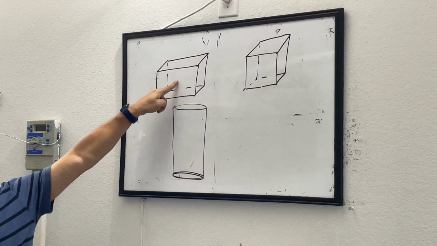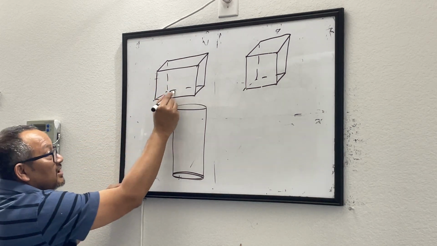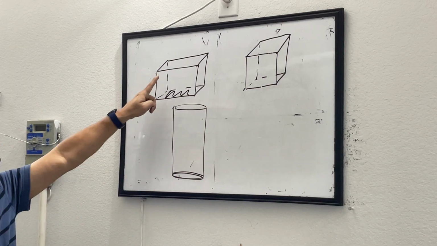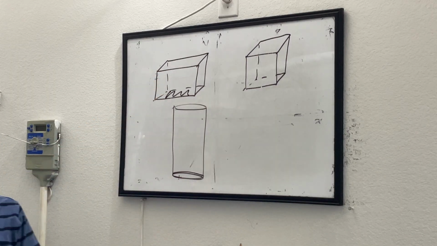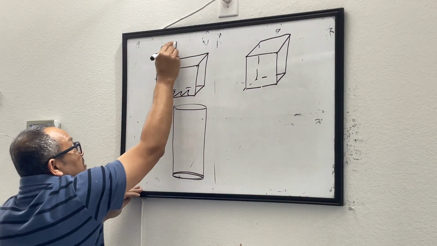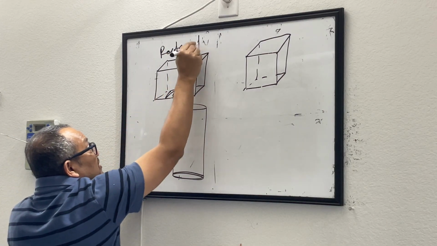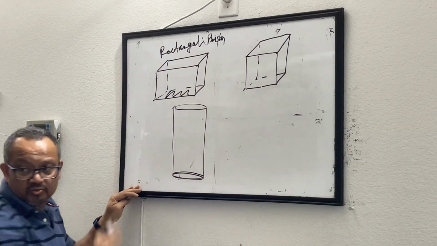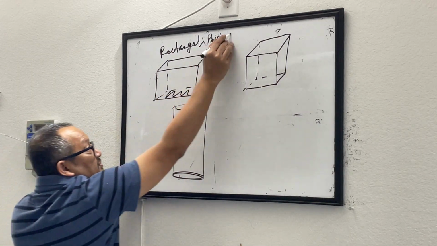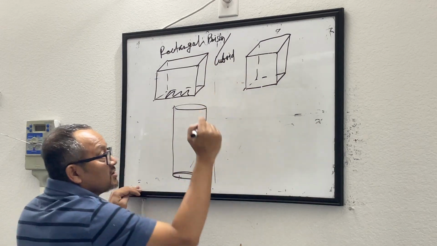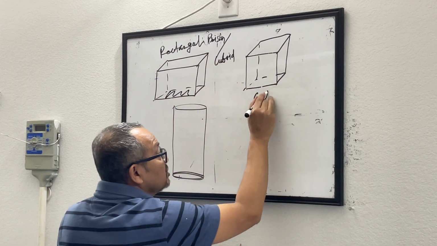When you have a rectangle as the base and you keep stacking so many rectangles one after another, this is called a rectangular prism or cuboid. This is called a cube.